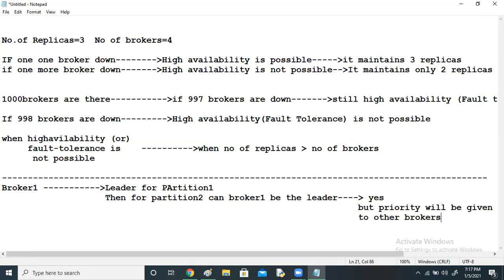When multiple brokers are available, you can make one broker the master for each partition. But priority will be given to other brokers if they are busy. If they are busy, then this can become the leader for P2 also.